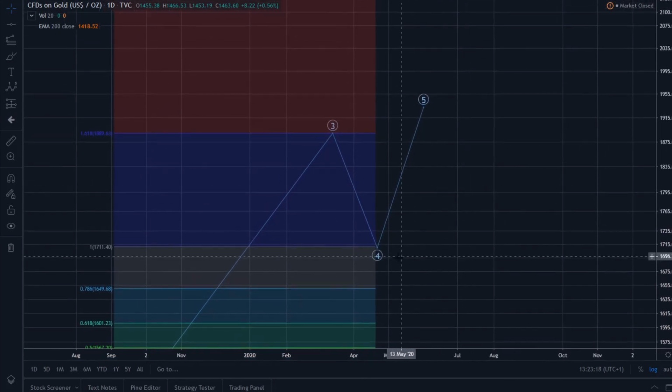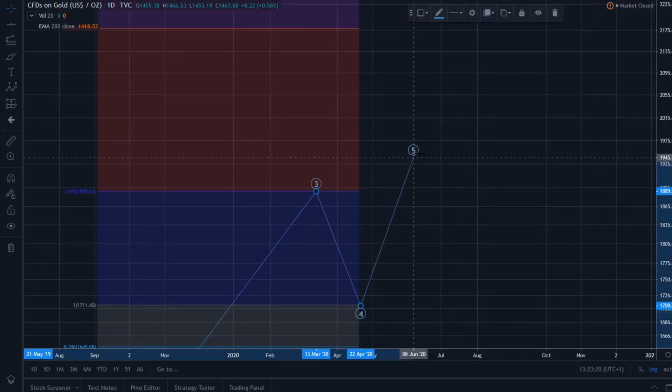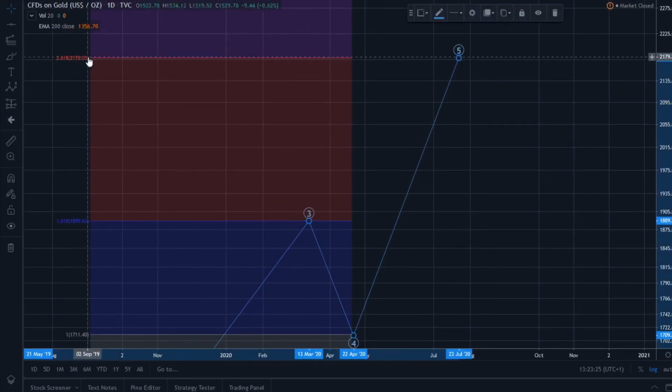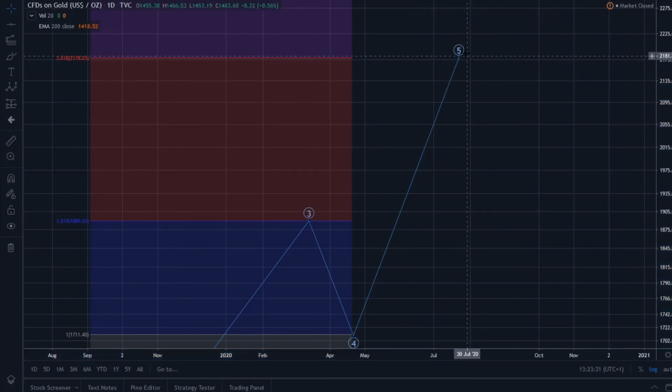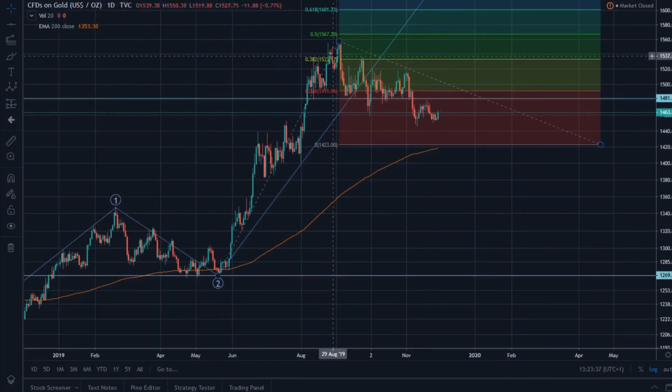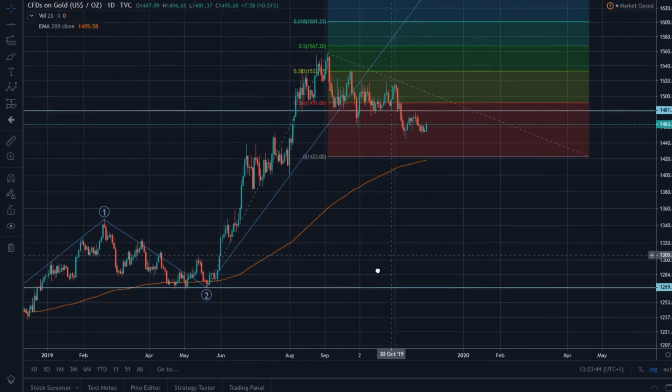And then obviously we're still missing one more move to the upside, and this might as well extend all the way up to $2,178. But this is a very, very long-term target in my opinion. So just considering how long this move up took, so this was, I don't know, from the mid of May all the way until September, so almost 4 months.